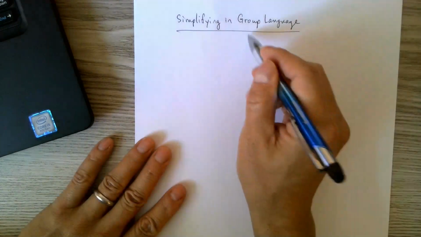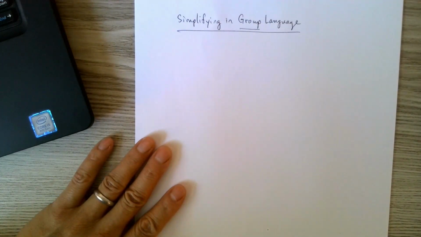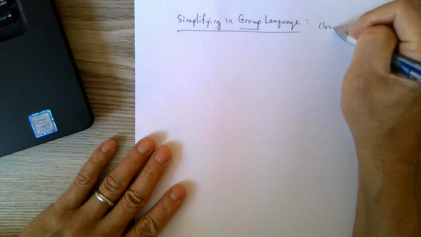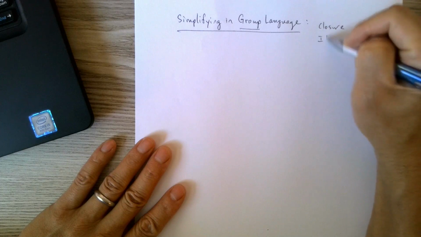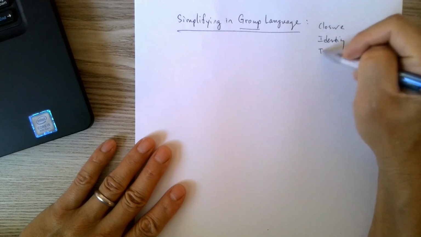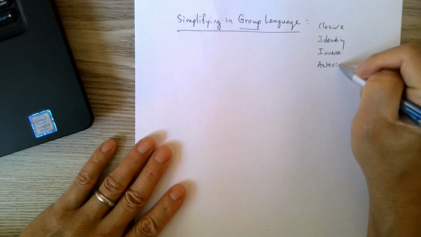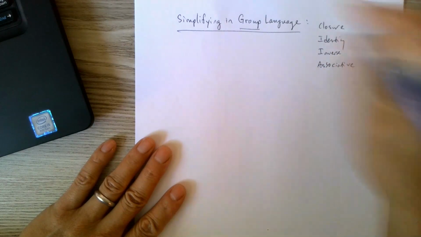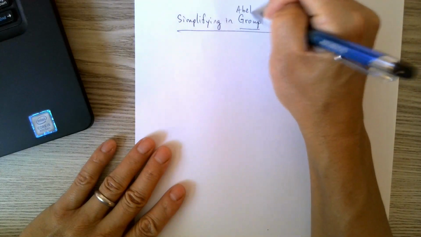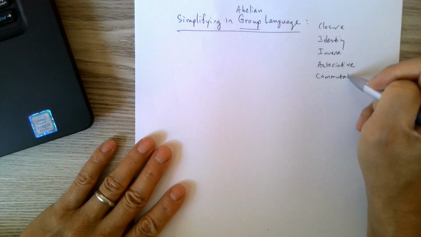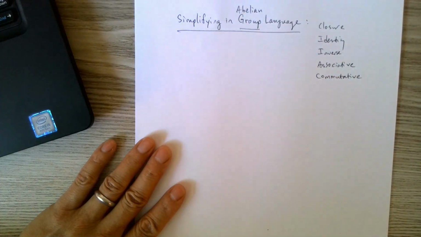First of all, remember that we're in group language, which means we are allowed to use closure, identity, inverse, associative. And we're going to be using abelian group language, so we will also be using commutative property.